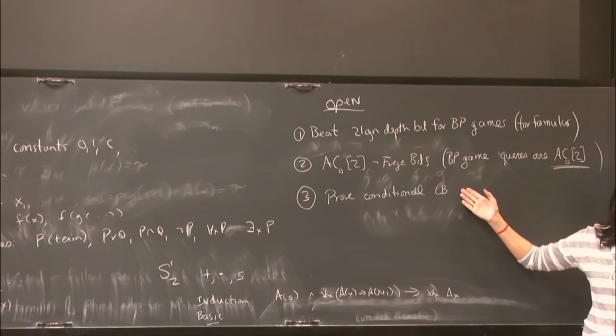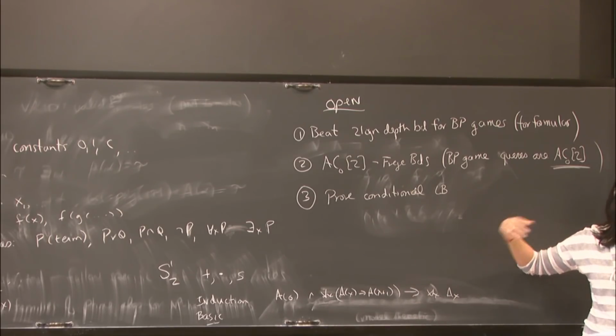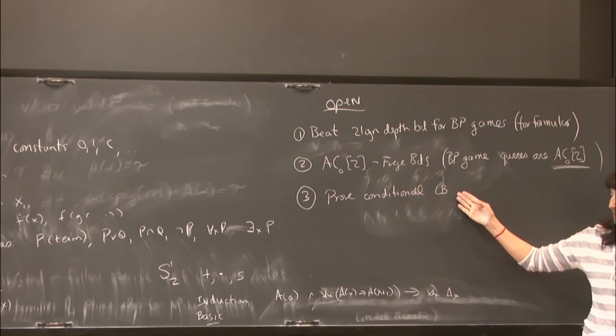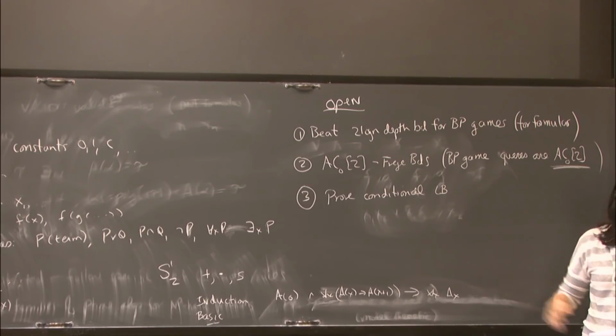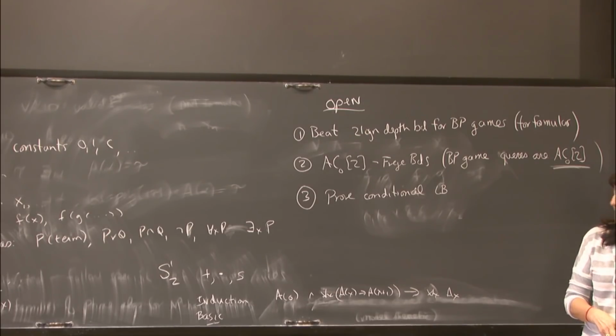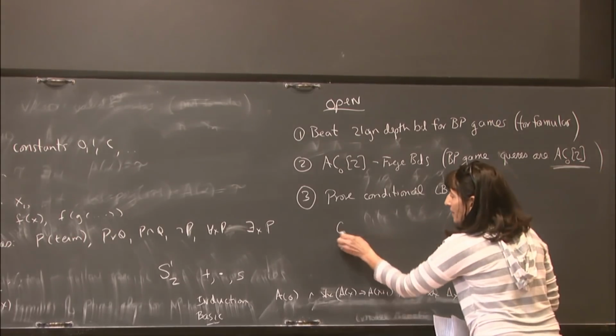So by conditional, we mean something other than that, something weaker than that, or even independent from that. We have no evidence really of any kind. Any candidate? Yeah, the candidates are hard to come by actually.